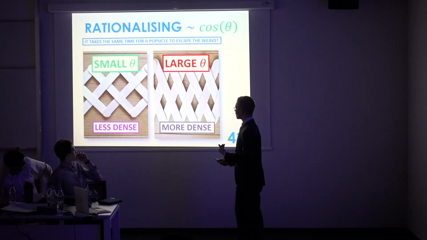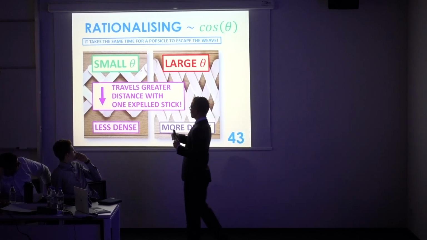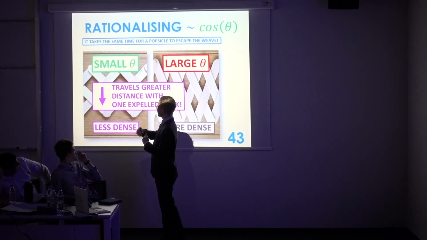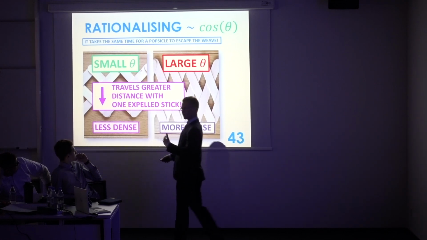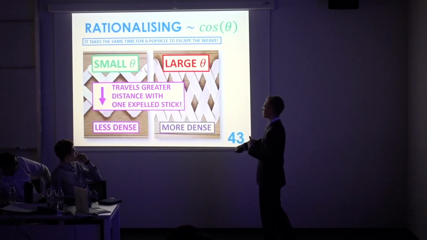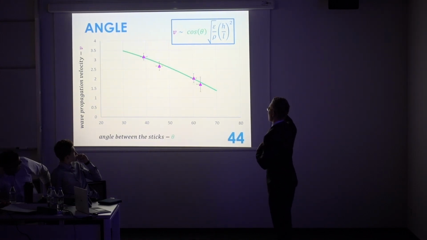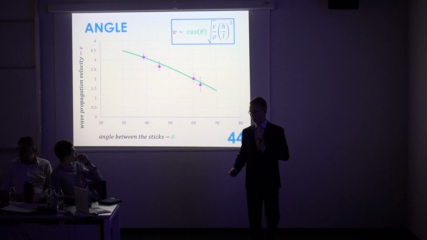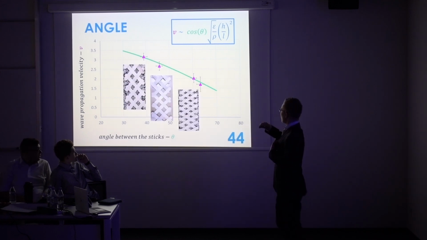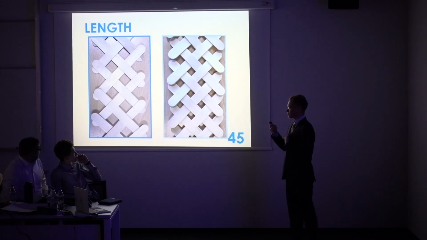So, with one expelled stick, the traveled distance is greater for this cobra, and therefore the velocity should scale with cosine. Indeed, when we plug in cosine, we get such a trend here, correlating with what we thought.